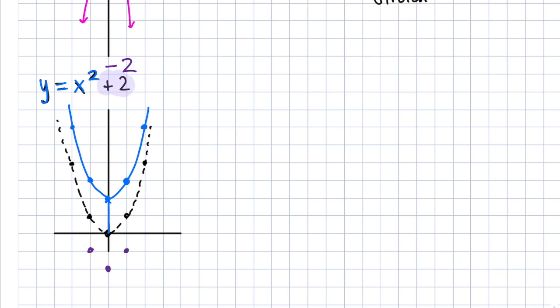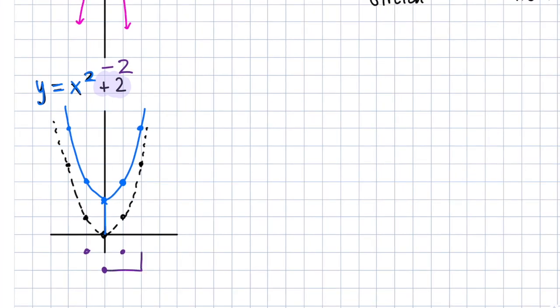And we would move all those things. But see how from this vertex I can still go right 1, up 1? I can still go right 2, up 4. Right 2, up 4. Okay. As long as it follows the parent function based off of this leading coefficient, then I can graph it using the same general shape. Okay, so that would move it down 2.